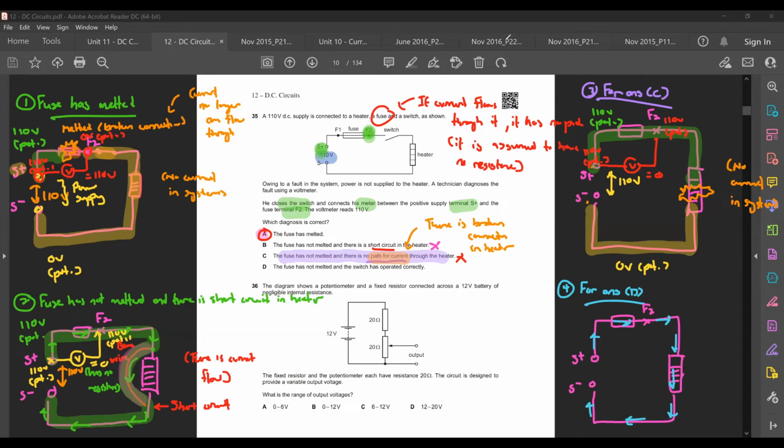So the thing here is that if I tell you that this one here is 110 volts, your EMF line, this one here, because your current is now flowing properly through your heater which has resistance, it's going to have PD.